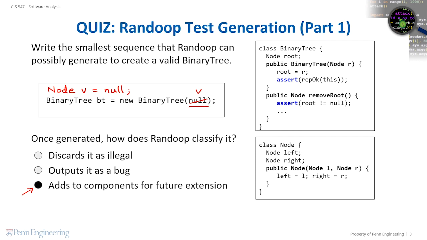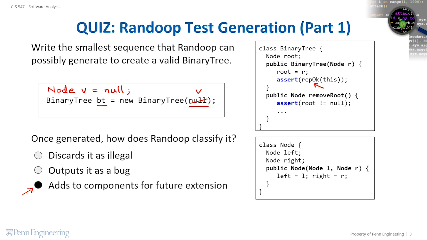This is because a cycle would require some node in the cycle to be passed as an argument to a previously created node. But Randoop can only pass arguments which are components that have already been created in a previous sequence. Therefore, in order to create a linked structure failing the rep-OK check, we need to create a structure with multiple directed paths to the same node.